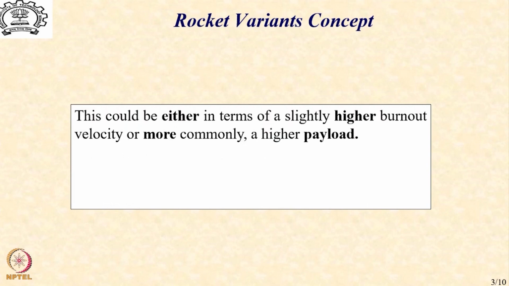The two possibilities which commonly occur are that you might either need a slightly higher burnout velocity so that you might want to perform a different mission with the same payload mass, or what is more commonly encountered and practiced is that we may want a slightly higher payload for the same mission.